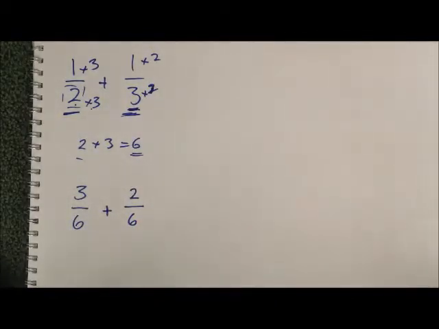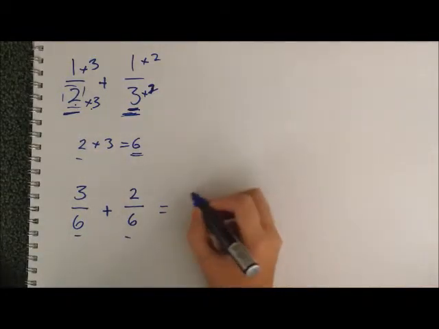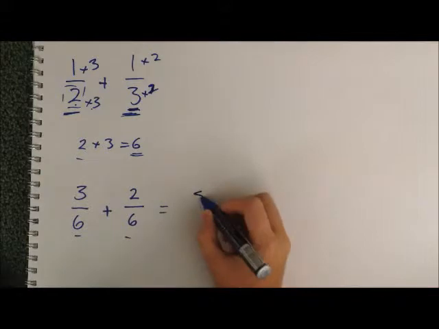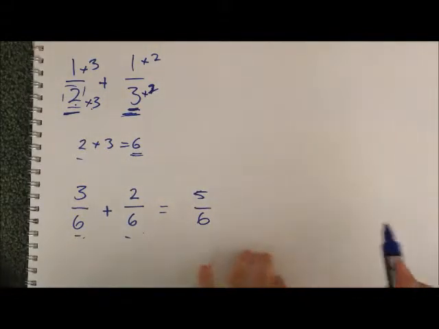And then it's back to the first question. We've got the same denominators, so it's equal to 5 on 6. There we have it. Now let's do another one.